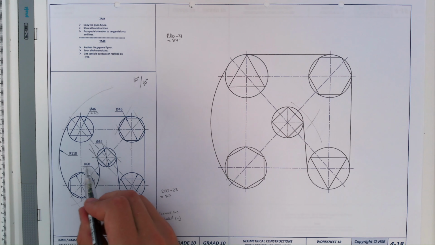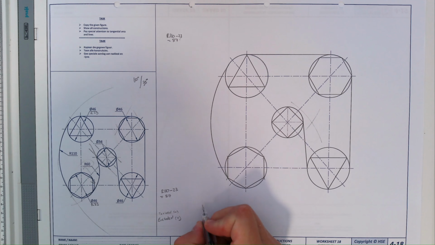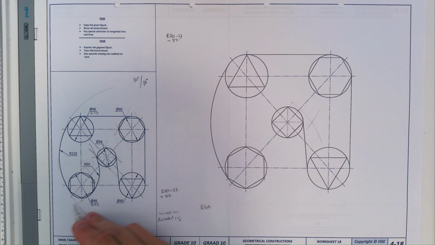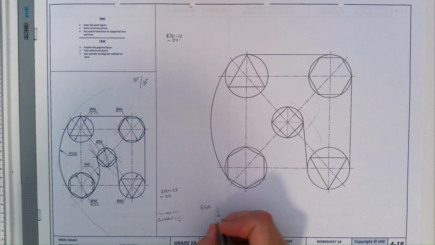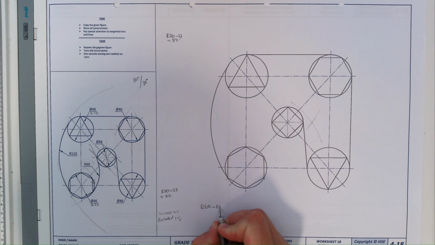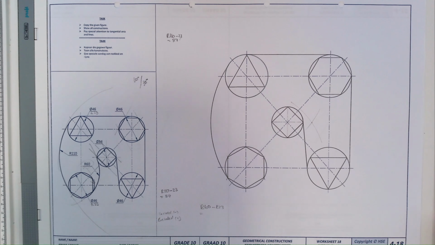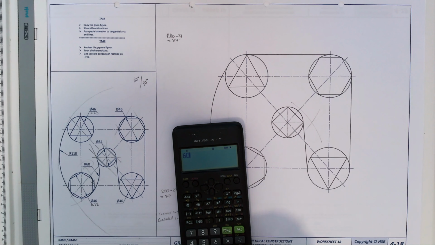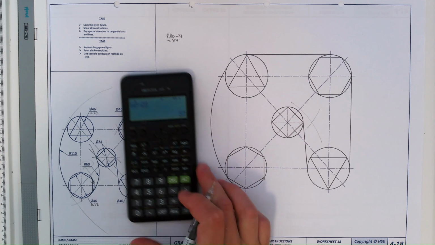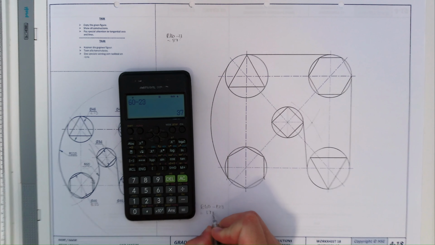The radius that I want you to draw is a radius 60. So R60 minus R23, 60 minus 23, we got 37.